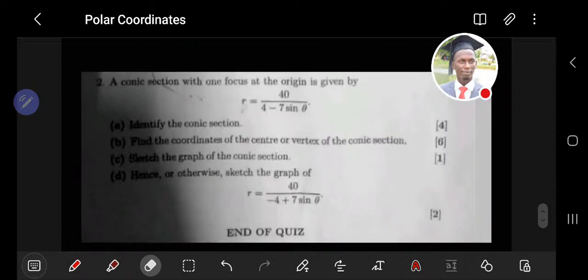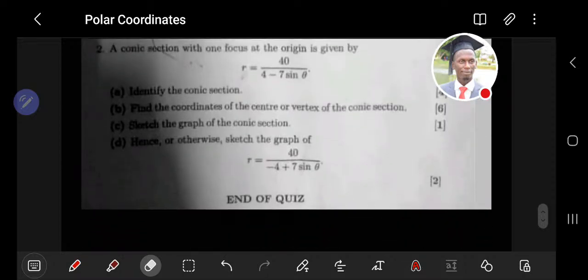So let's begin. So we have this expression. Again, they're saying a conic section with one focus at the origin. See, now they're specifying they want one focus at the origin is given by that expression. Identify the conic section, and after identifying it, next find the coordinates of the center or the vertex of the conic section.